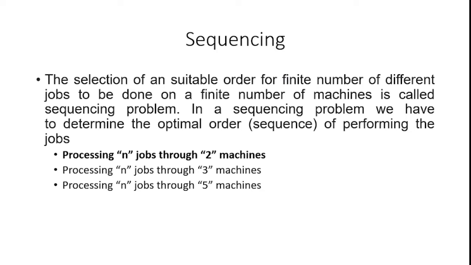If there are n number of jobs available, we can perform them through m number of machines. This can be classified into types: processing n jobs through two machines, n jobs through three machines, n jobs through five machines, and so on.